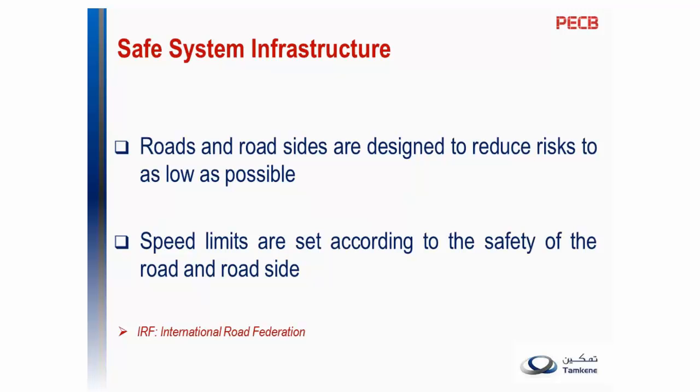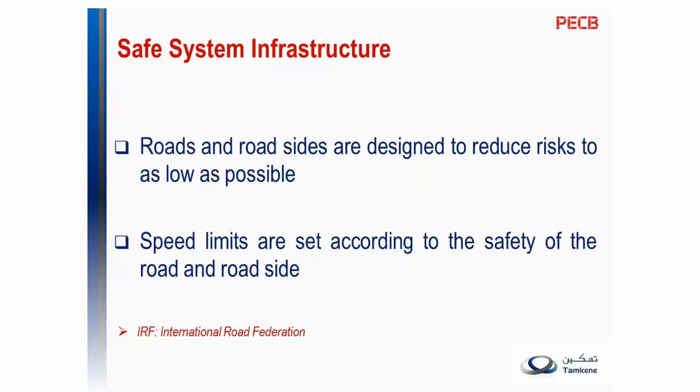Also, with the safe system approach, you can include safe system infrastructure, meaning the roads and road signs are designed to reduce the risk as low as possible, or setting the road limits and so on and so forth.